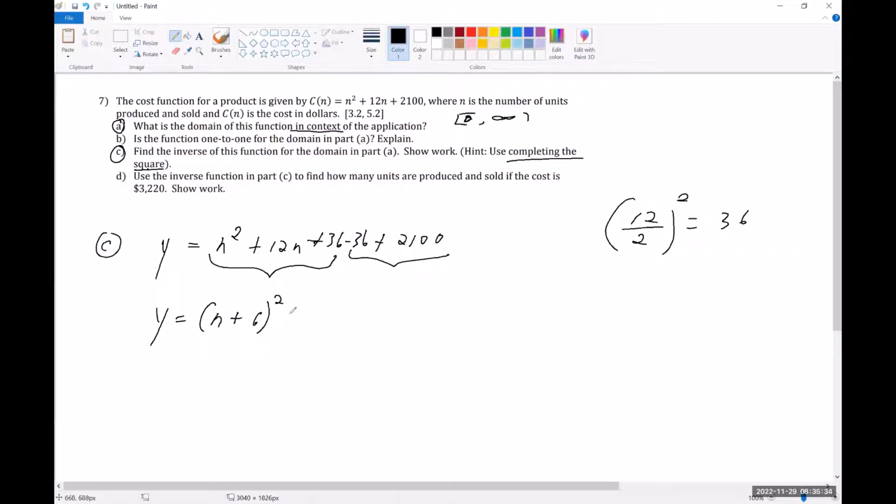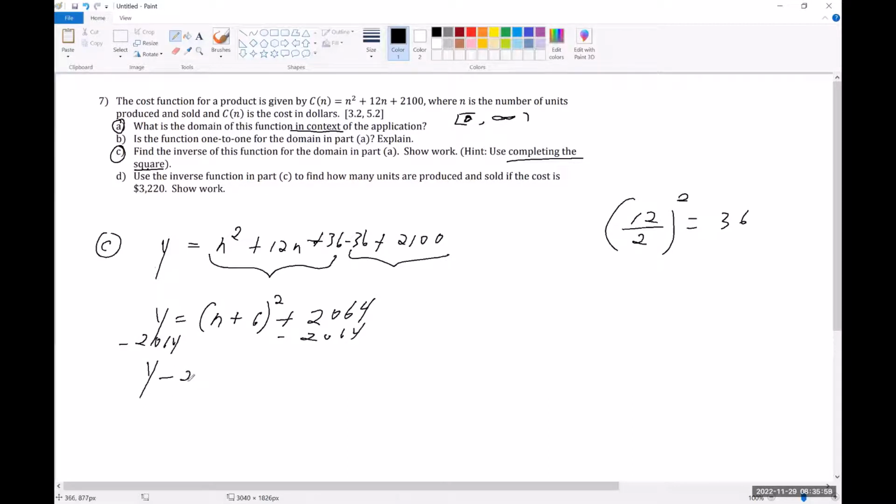2100 minus 36 is 2064. Somebody double check my math there, but I'm pretty sure it's right. So I'm going to subtract the 2064.